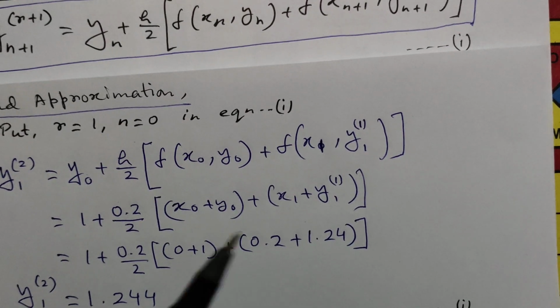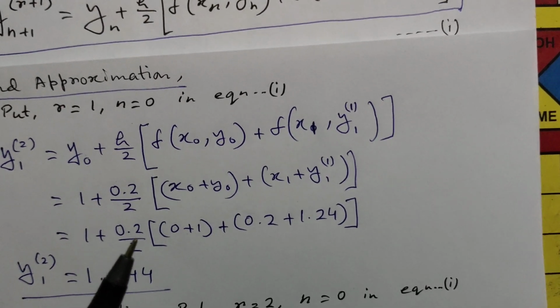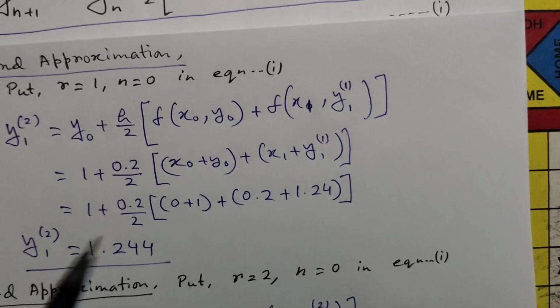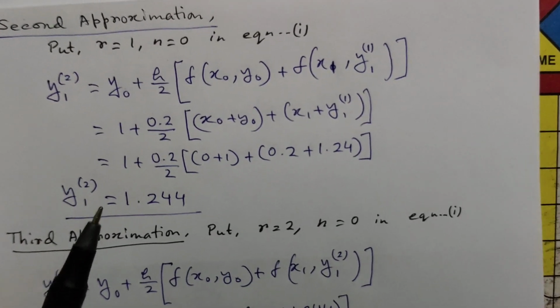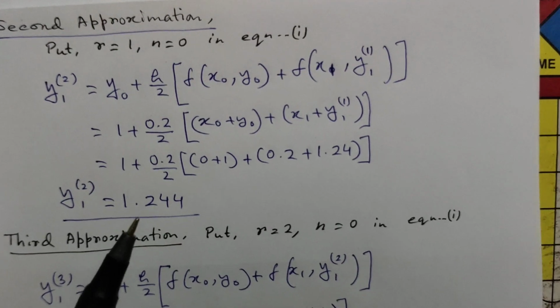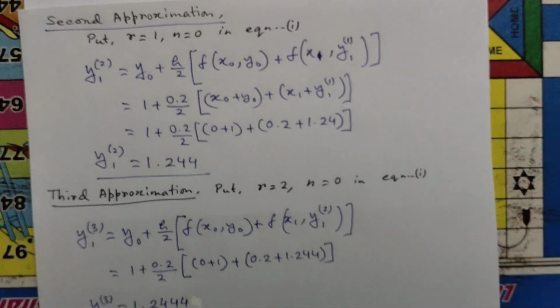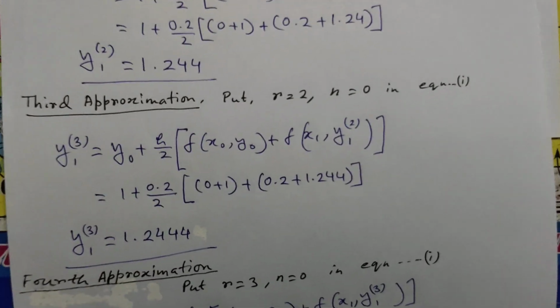So putting all the values here, 1 plus 0.2 by 2 [(0 plus 1) plus (0.2 plus 1.24)], and we will get y1^(2) equals 1.244.